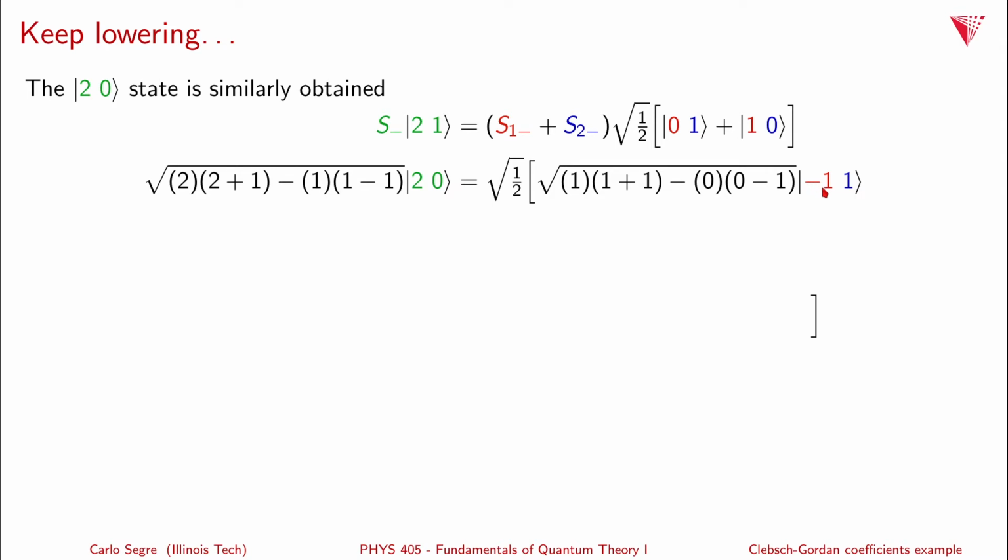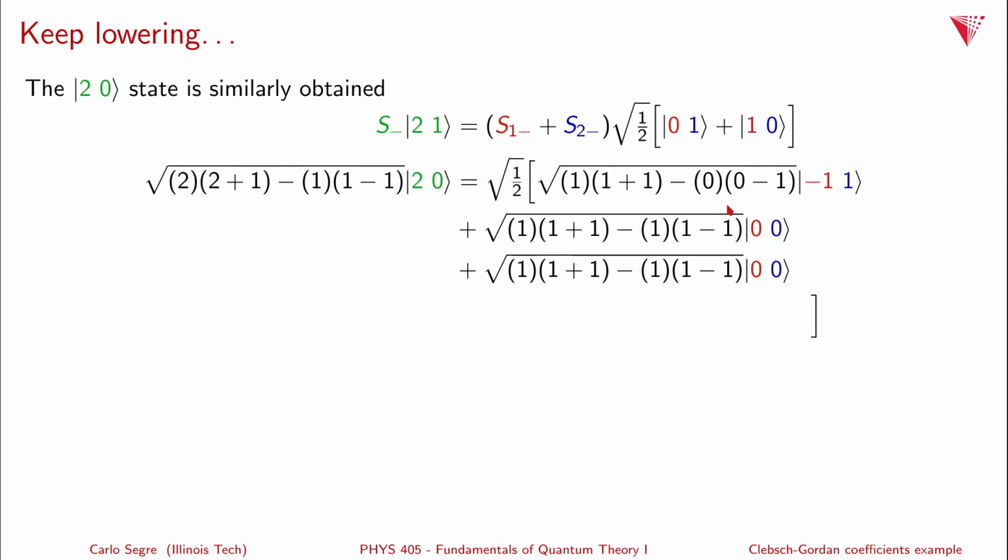And we get the state M1 is minus 1 and M2 is 1. We get a second term then, where we have S1 applied to this state, and now we get the square root of 1 times 1 plus 1 minus 1 times 1 minus 1, and now we lower this to 0 as well as this one remaining 0.